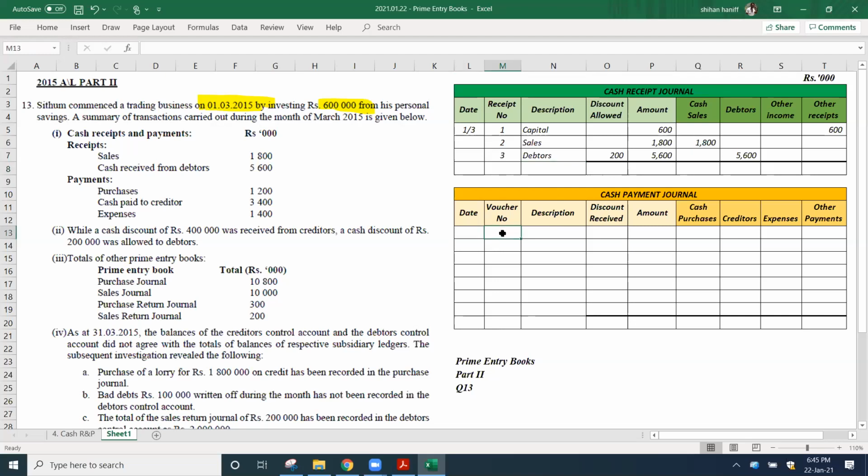In the cash payment journal, purchases 1.2 million. Credits 3.4 million. Discount is 400.